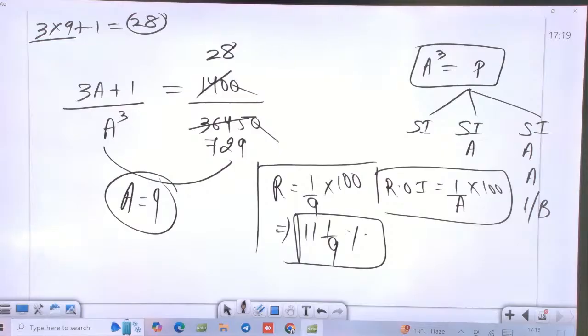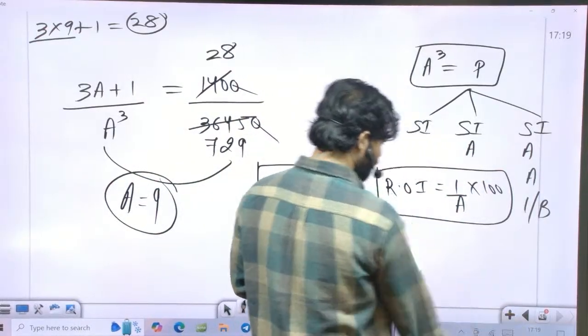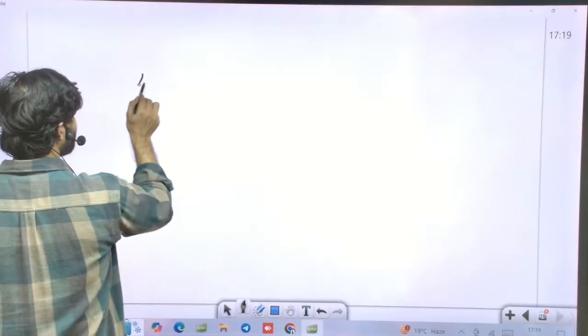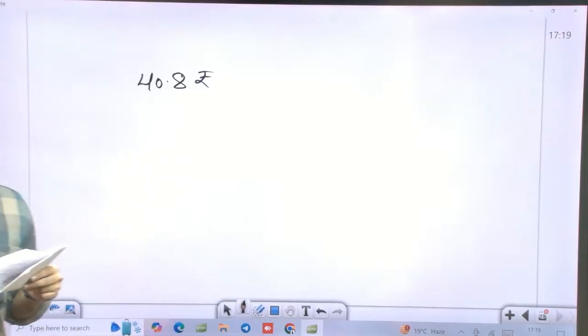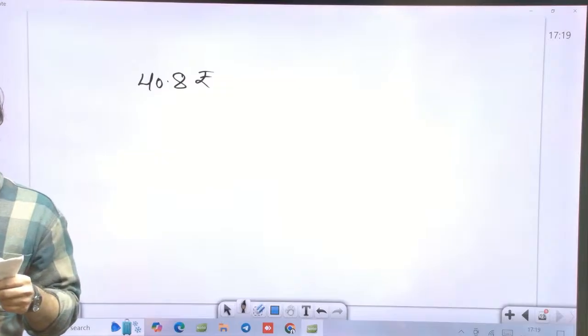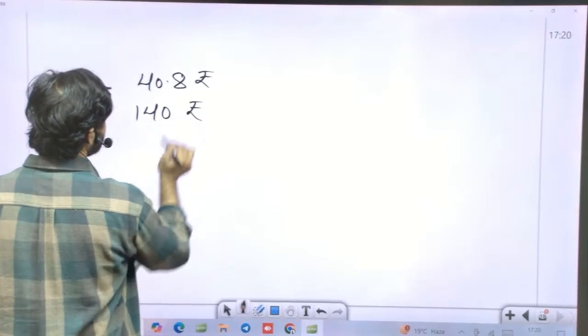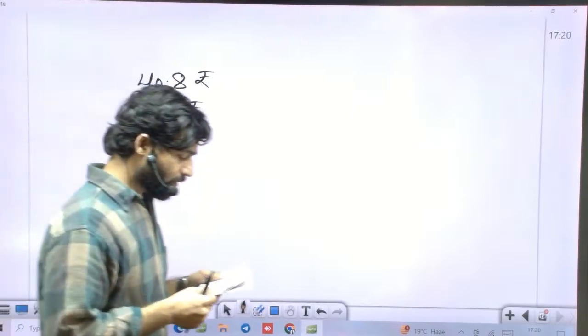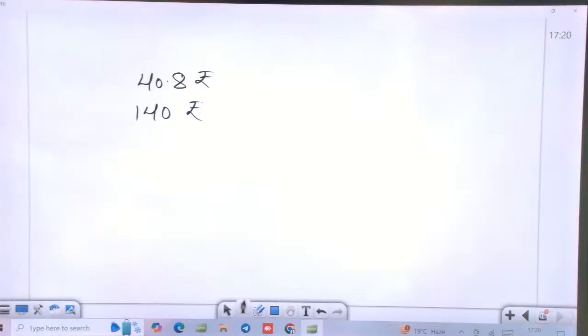CI for 2 years is 40.8 rupees, and SI for 7 years is 140 rupees at the same rate.